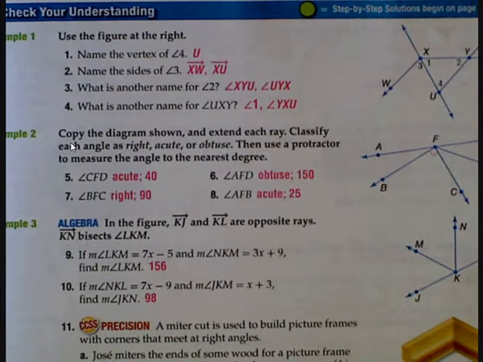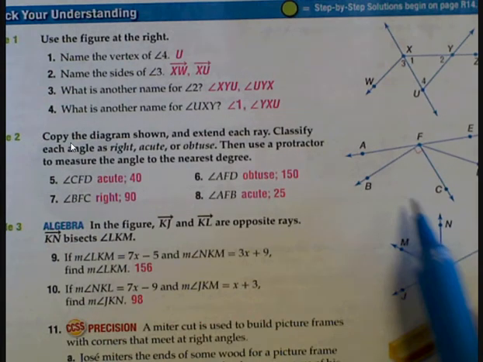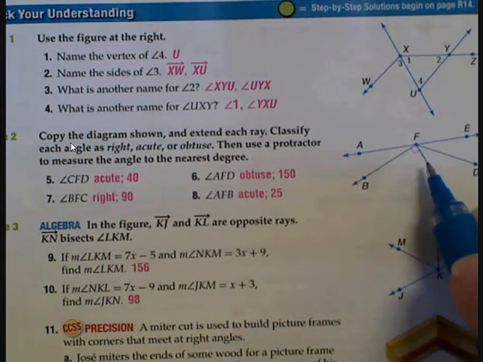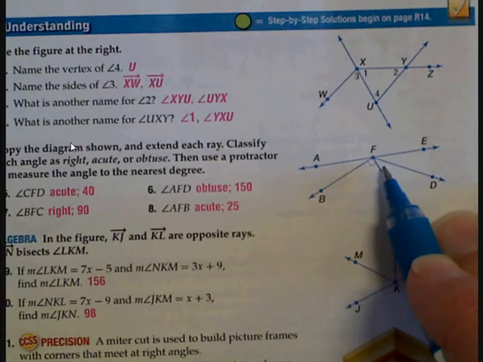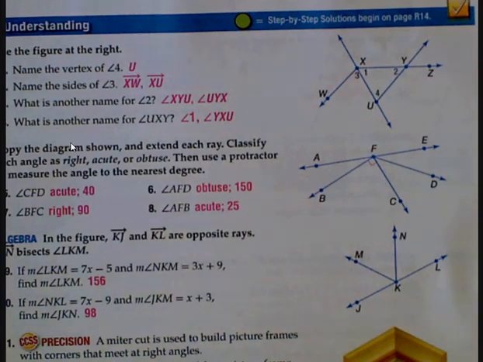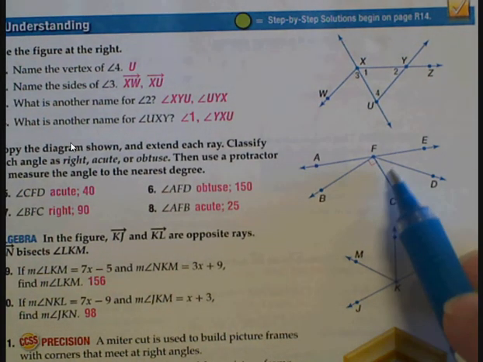So acute, so CFD, so this little angle right here is acute because it's smaller than 90 degrees. And if I were to use a protractor to measure that, it would be 40. So you just need to tell me if it's acute, obtuse, or right, because we don't have a protractor at home. But know that that's what we would do, is measure that.